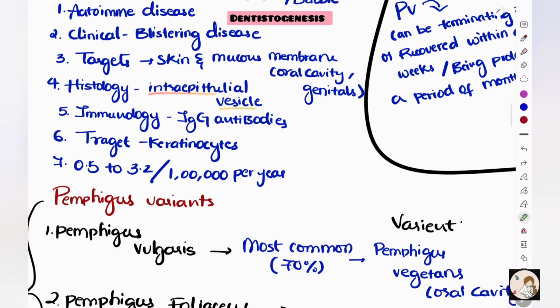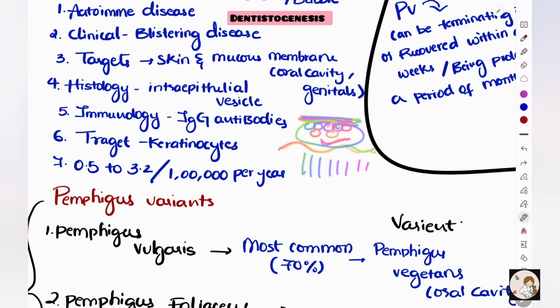Histologically, it is an intraepithelial vesicle disease, where we have stratified epithelium, underlying it we have normal cells, and underlying that we have the basement membrane and then connective tissue. This disease affects the cells between the stratum layer and the basement membrane.